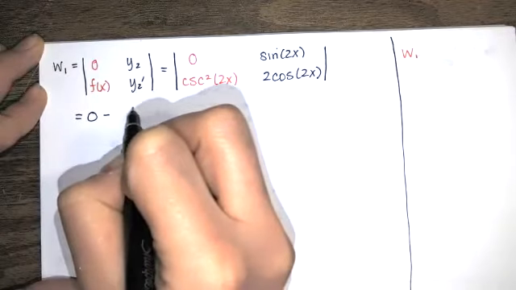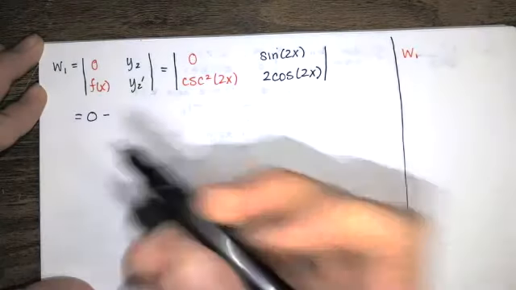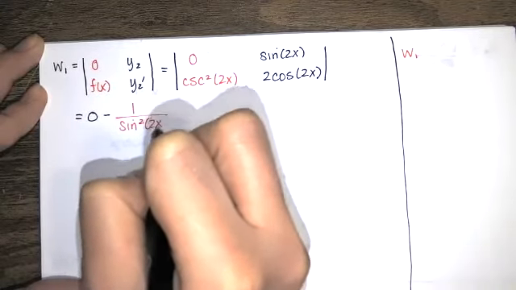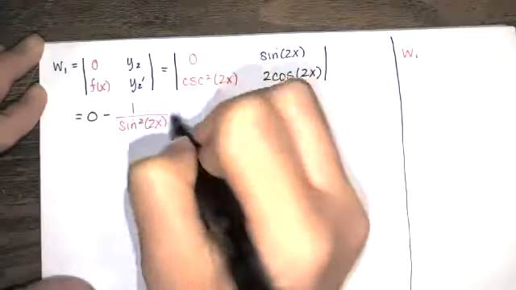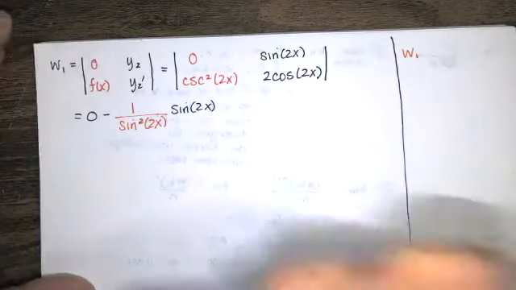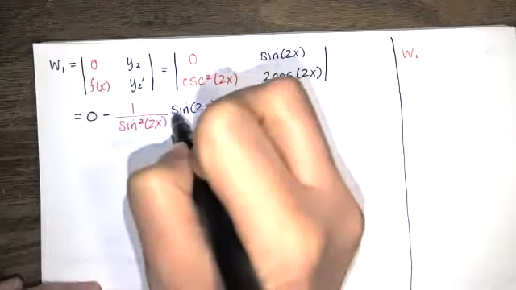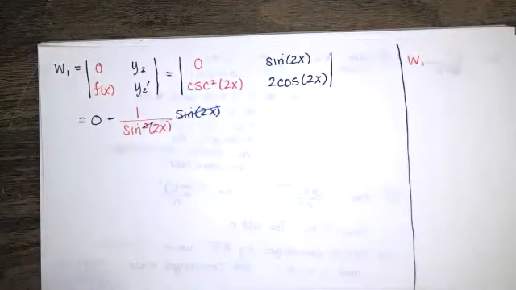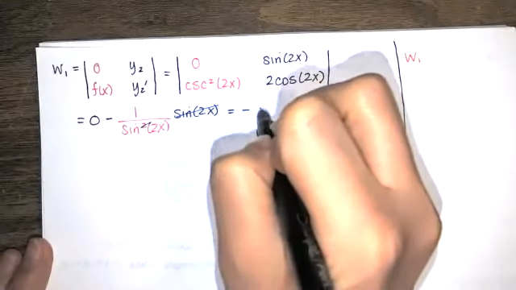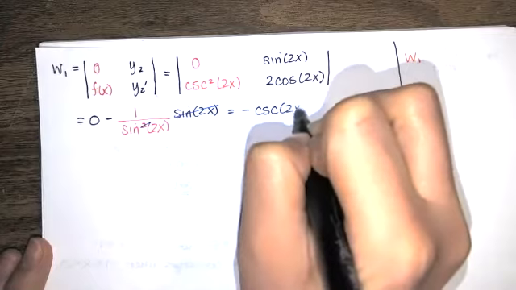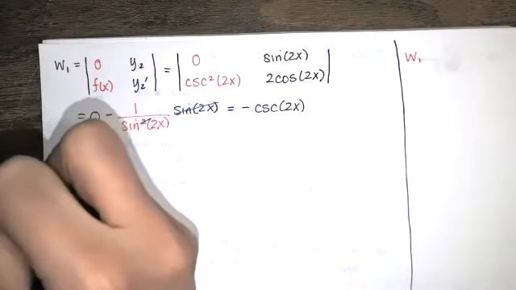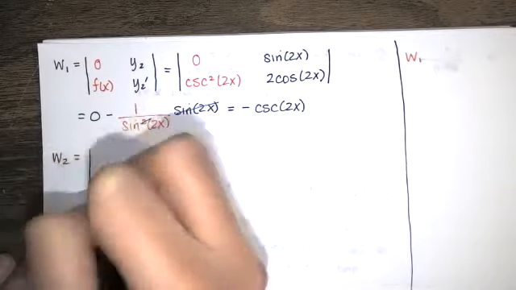And we can write it this way, that cosecant squared is the same as 1 over sine squared of 2x. I'll write it that way so that it'll reduce with one of these, this sine of 2x over here. So this reduces with one of those, and we just end up with a negative 1 over sine of 2x, which is negative cosecant of 2x. That's our W1.